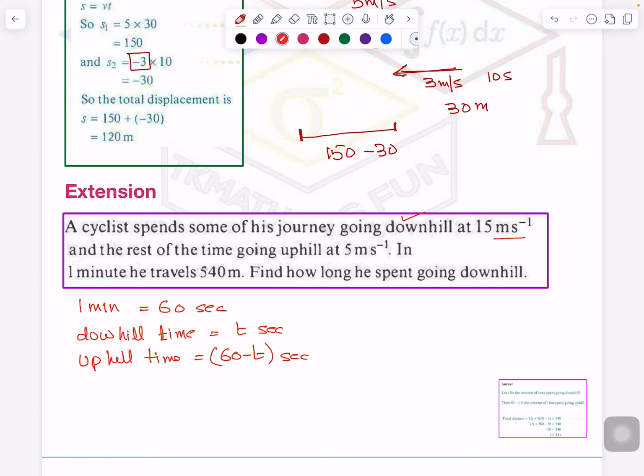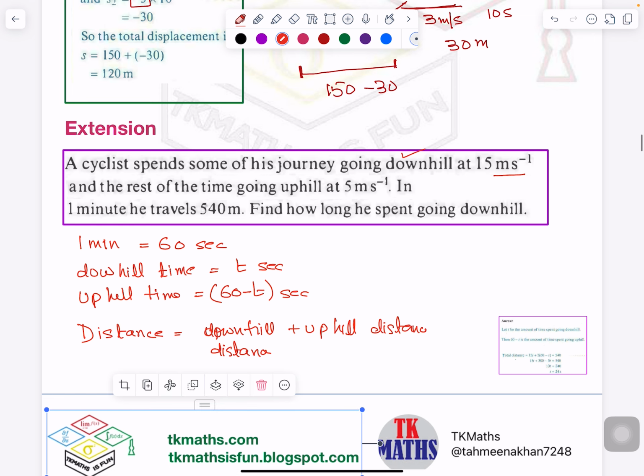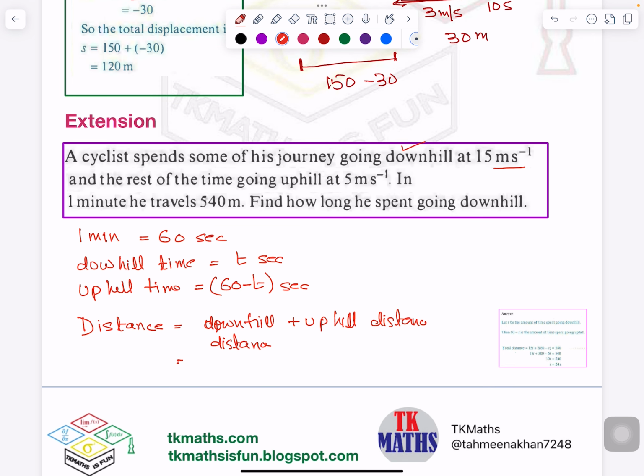And what is the distance? 540. So distance is equal to downhill distance plus uphill distance. Right? And that is equal to 15 times t.